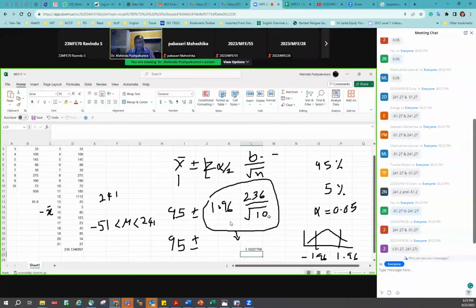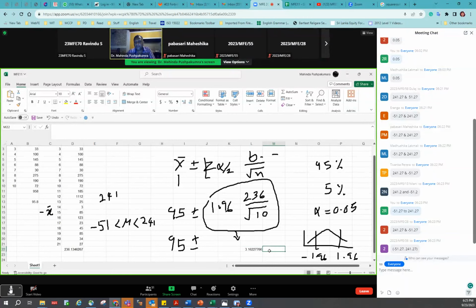Yes, then now let's see, the square root of 10 is 3.16. Then 236 divided by this value is 74.